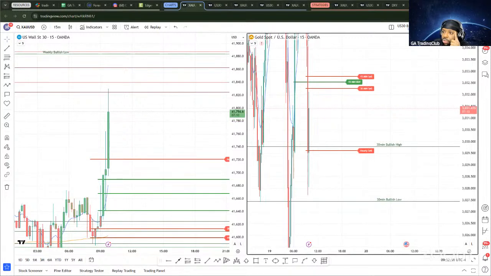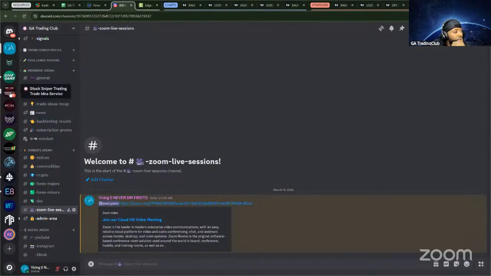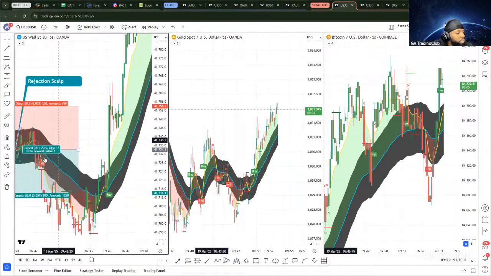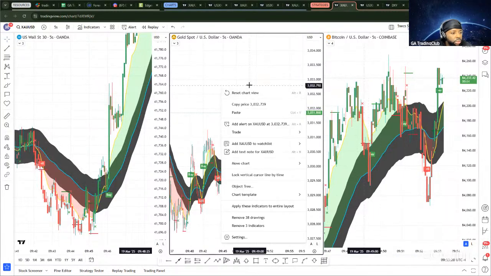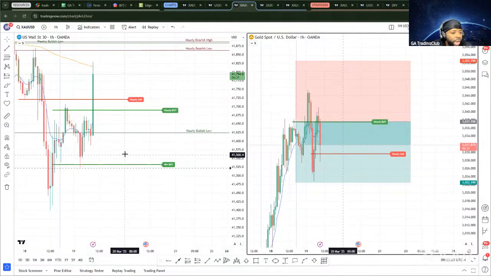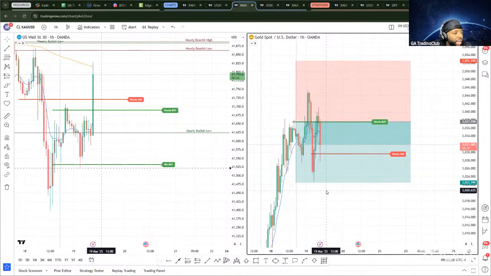BTC hourly entry, nothing. All right. I haven't seen any entries for the higher time frames.